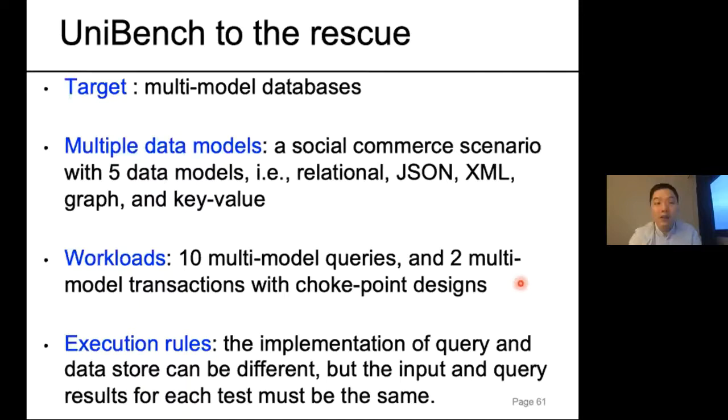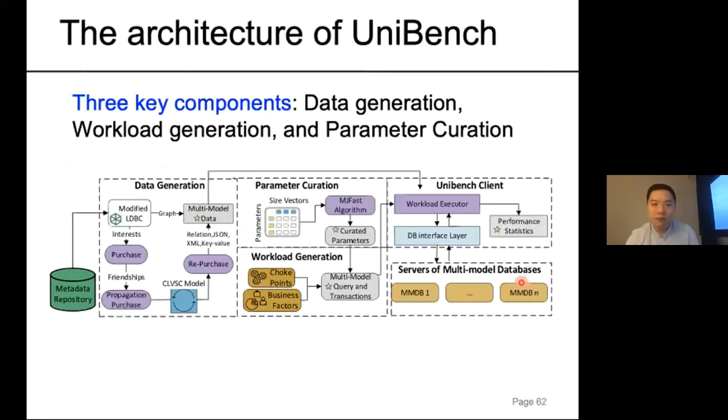And we also define the execution rule that the implementation of query and data store can be different, but the input and query results for each test must be the same. For example, the input can be multimodal like JSON, relational, and a graph, and the query results must be a table.